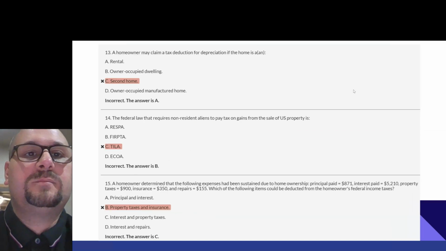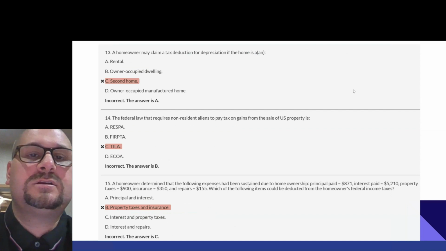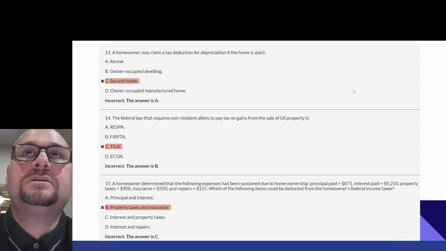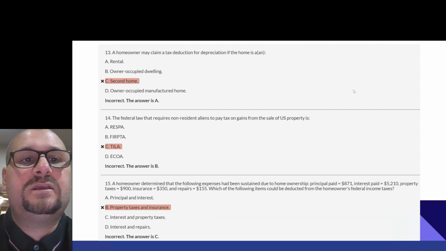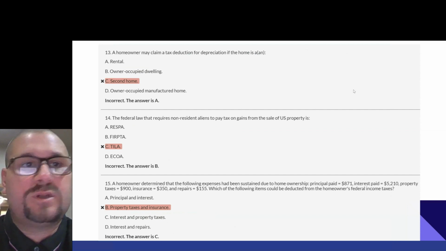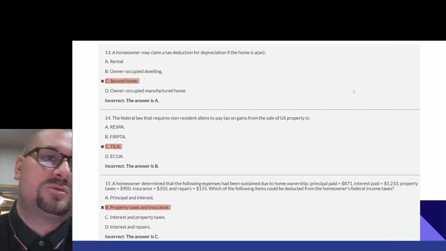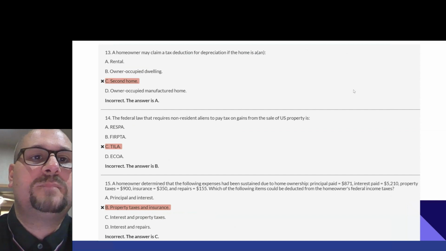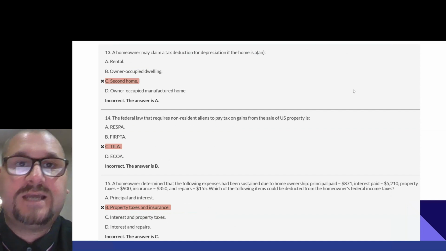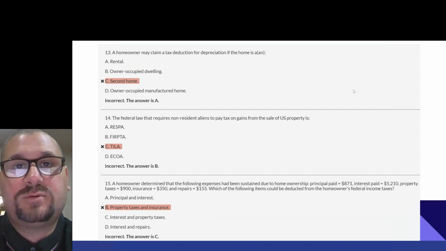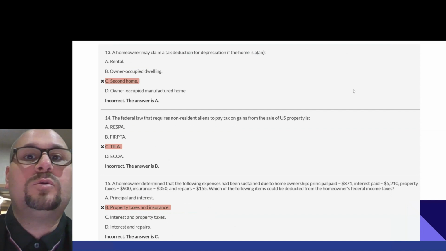A homeowner may claim a tax deduction for depreciation if the home is a rental.